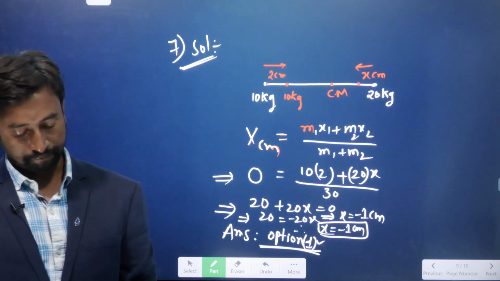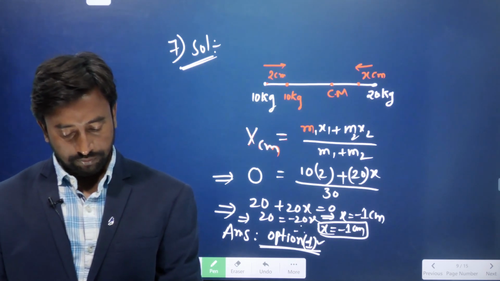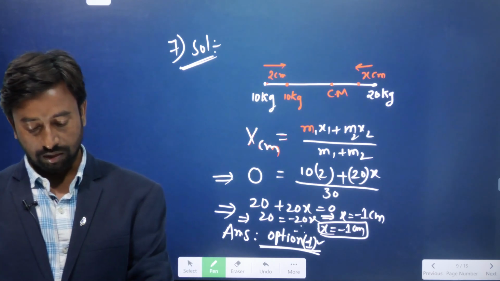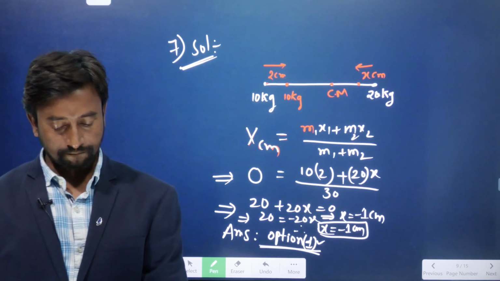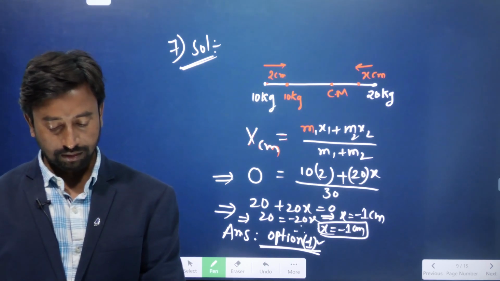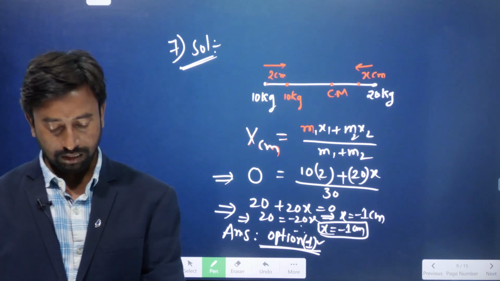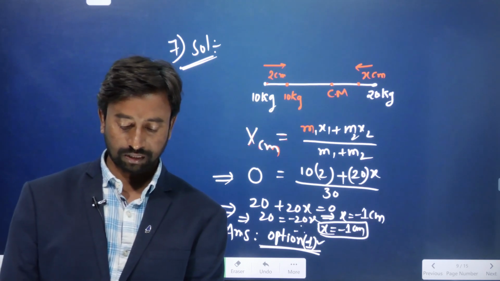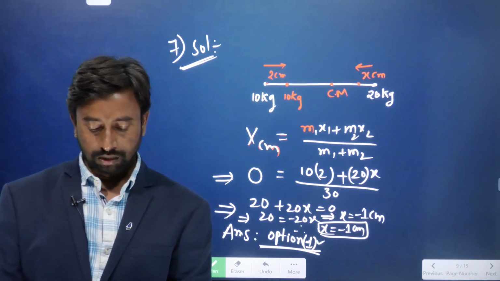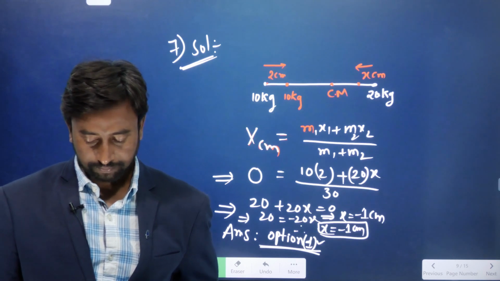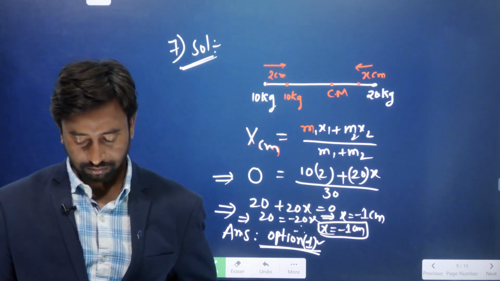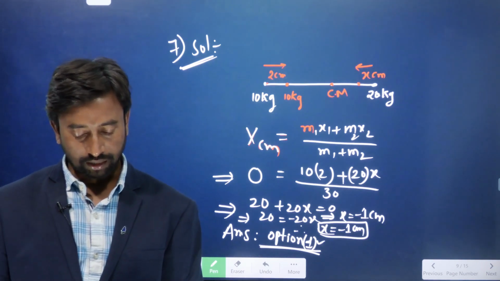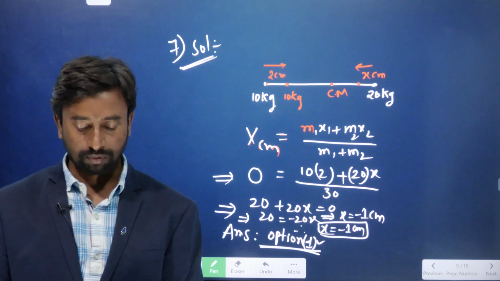Next, the 8th question. If 3 particles of masses 2 kg, 1 kg and 3 kg are placed at the corners of an equilateral triangle of perimeter 6 meters, then the distance of the center of mass of the particles from the 1 kg mass, which is at the origin, is approximately dash. Assume the 2 kg mass is on the x-axis.